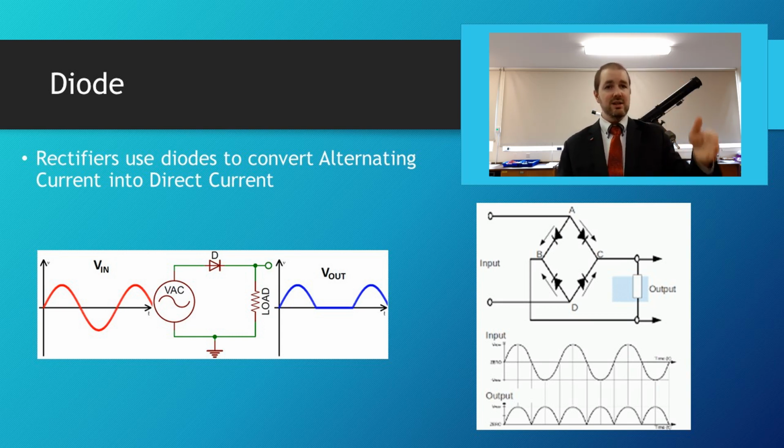So you end up, instead of a sine wave going along like that, with basically a bunch of bumps, and everything will be positive. Now, if you're really clever, you can attach a capacitor to that. That's a different component entirely, but what that'll do is smooth it off for you, and you end up with a nice constant voltage. But that's a little bit beyond what you need to do for GCSE. So for now, rectifiers are used to convert alternating current into direct current, and that's about as far as you need to take it.